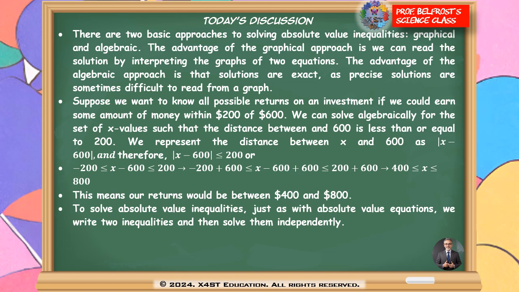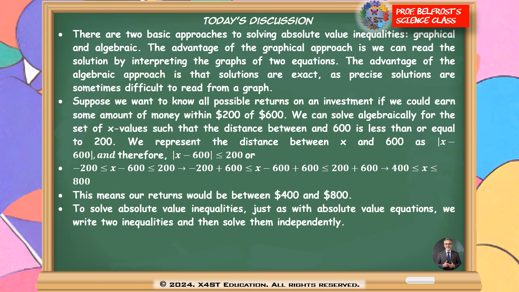Okay, this is actually the final part of our chapter. So here's another problem that you need to solve. Suppose that we want to know all possible returns on an investment if we could earn within 200 of $600.